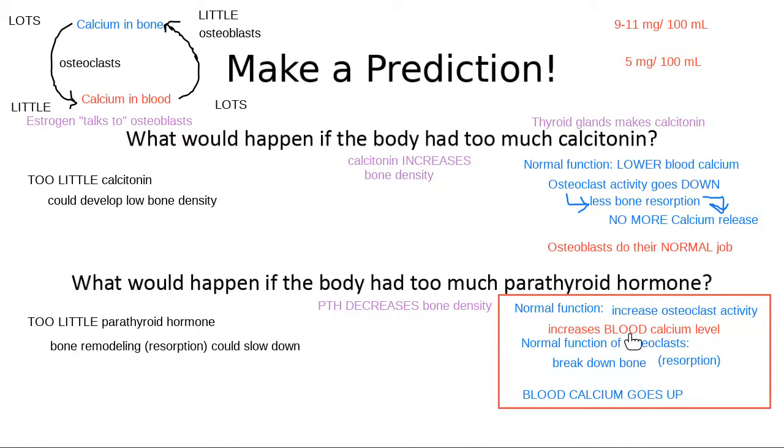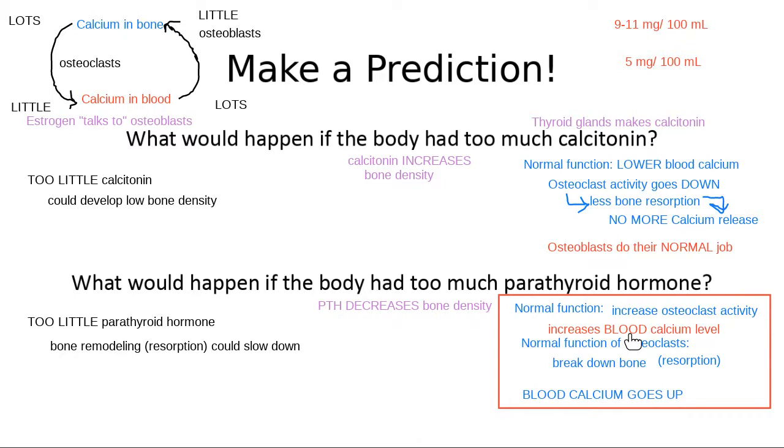And here's what I'll say, because we're in that home stretch to be studying for the exam. The way that we've talked about these hormones today, the way that we've made predictions about too much and too little, that's the kind of stuff that we really need to be able to do for the exam.